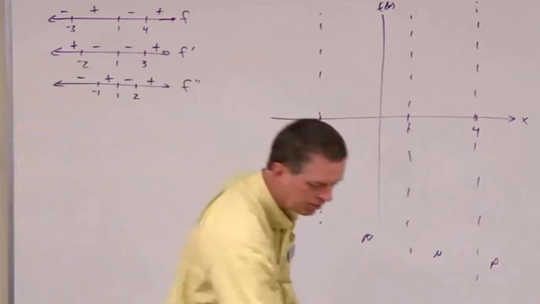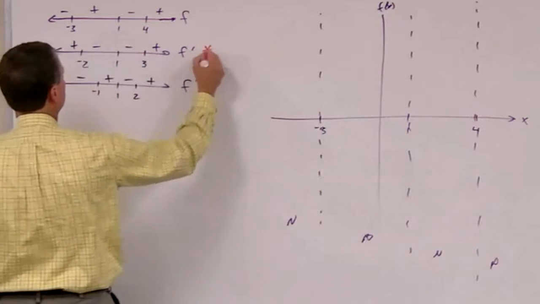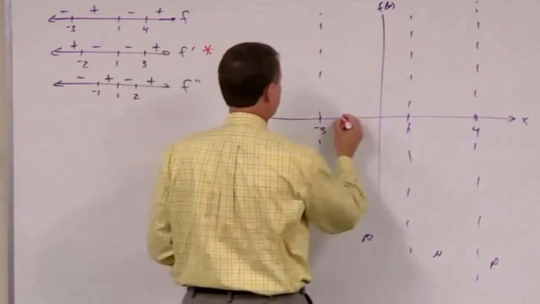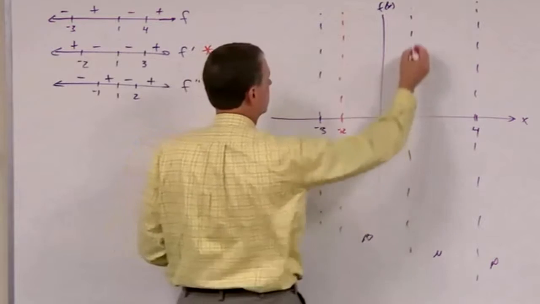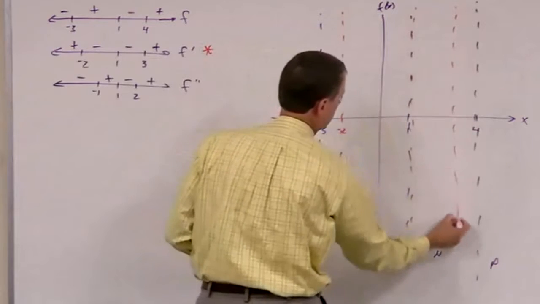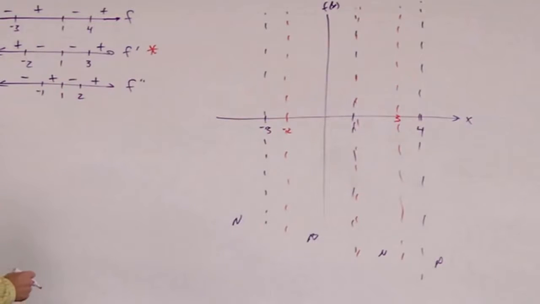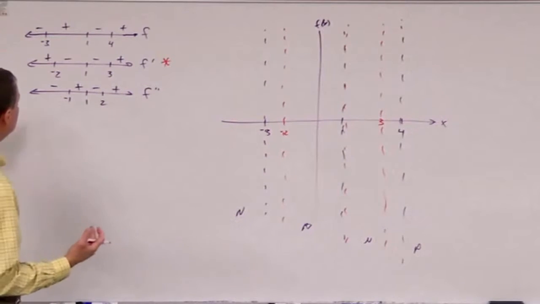Now, changing colors. F prime at -2, 1, and 3. Okay, so what do we know? We have positive, negative, negative, positive. That tells me something about the shape of the function. It's the sign of the f prime, but it's telling me that the function is either increasing or decreasing.